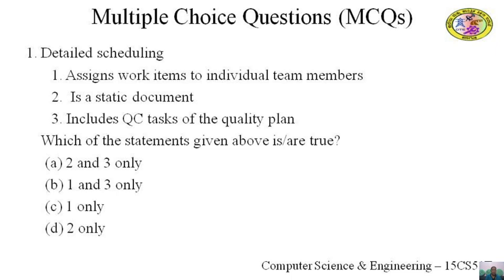Which of the statements given above is or are correct? Your options are option A, 2 and 3 only, option B, 1 and 3 only, option C, 1 only, option D, 2 only. So do you know the correct answer for this question?